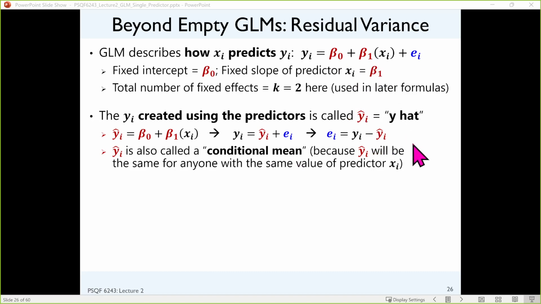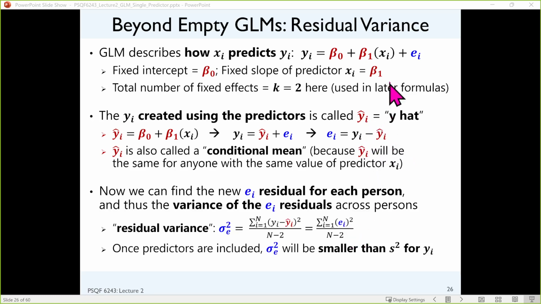So it's the mean for people with this value of x. Like everybody who has 12 years of education has the same y hat. So it's still kind of like a mean in that it's a summary for people of the same kind. It's just that it's conditional on what the predictor value is that is creating the kinds, so to speak. So a lot of synonyms for this.